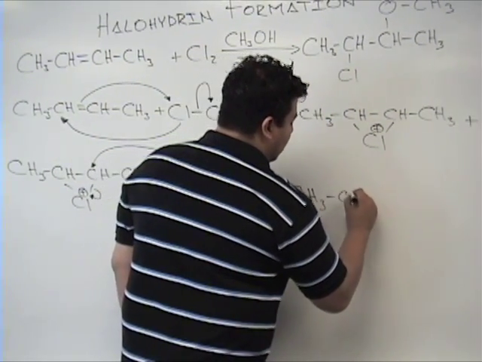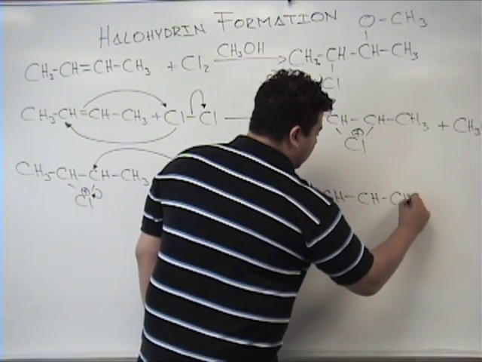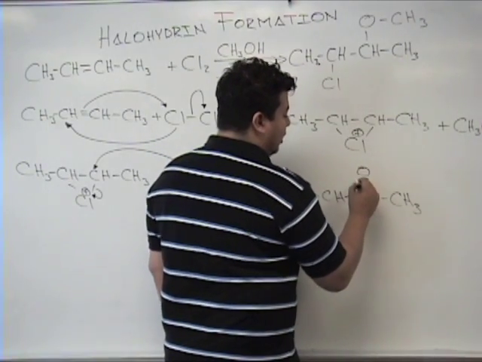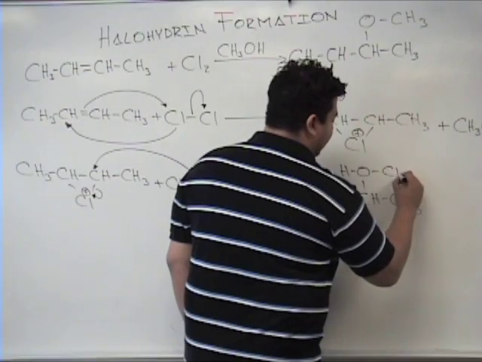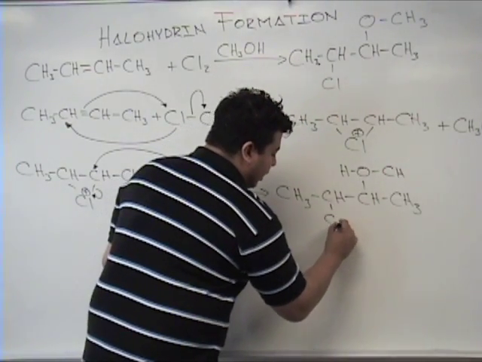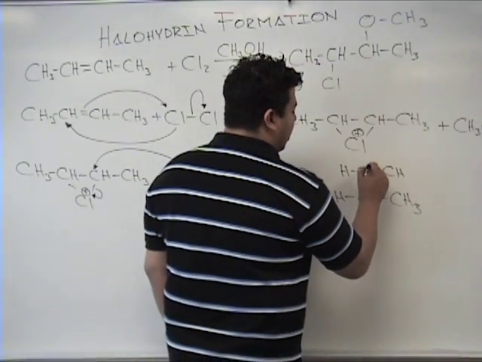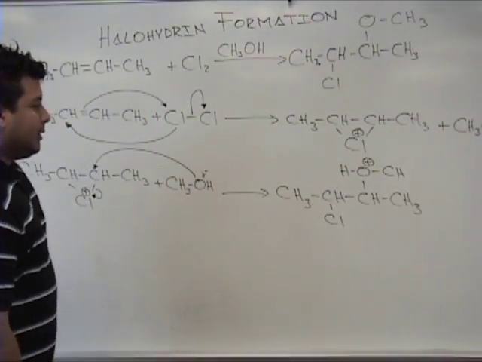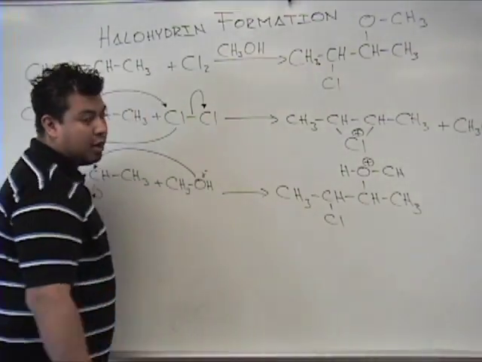CH3, CH, CH, CH3. Then we have an oxygen here. The oxygen has an H here, and on the other side it has a methyl group. And this one has the Cl. Now, formal charge on this oxygen is plus. It has 3 bonds. And we know that it's not stable with 3 bonds.